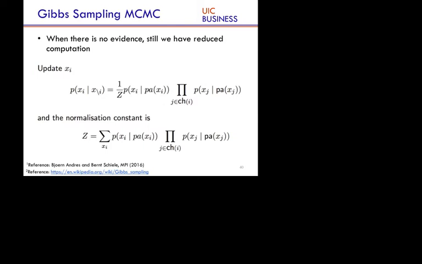When you're doing that, if it's a directed probabilistic graphical model, you should only care about factors which involve xi and factors which belong to the children of i.